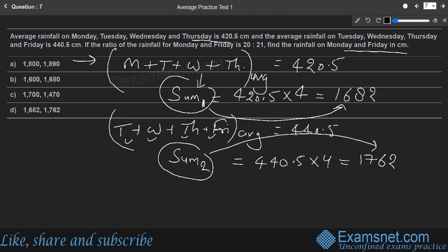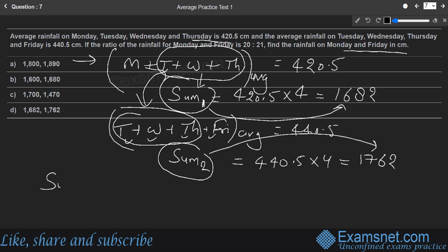If we subtract sum number 2 minus sum number 1, then the total rainfall of Friday minus Monday can be found out, because Tuesday, Wednesday, Thursday are common in both the spans. If you look carefully, they are common in both the spans.